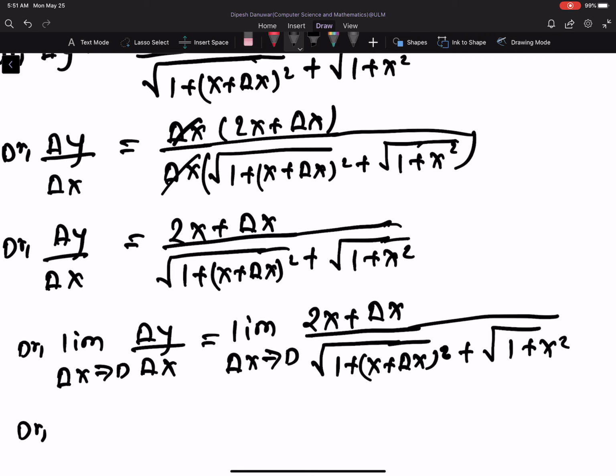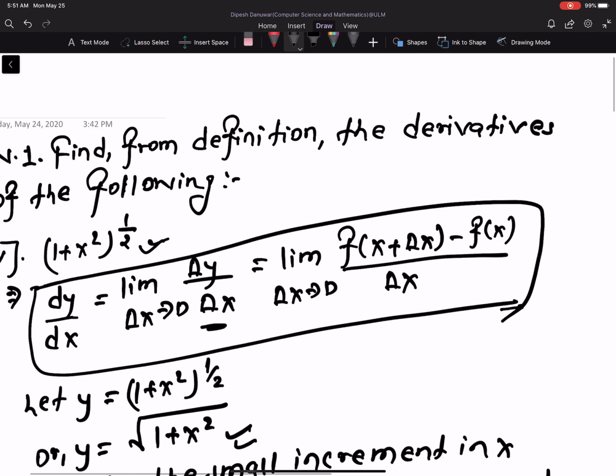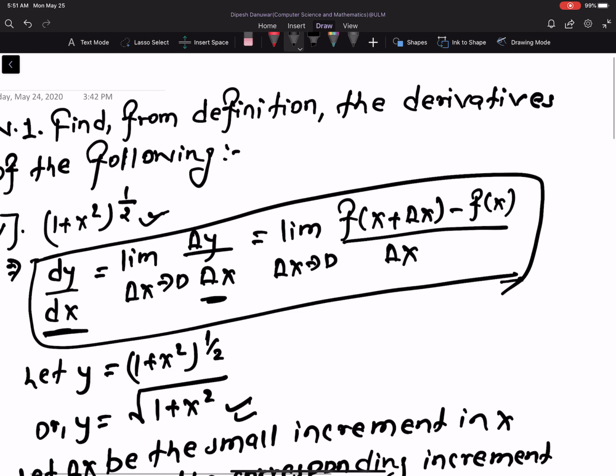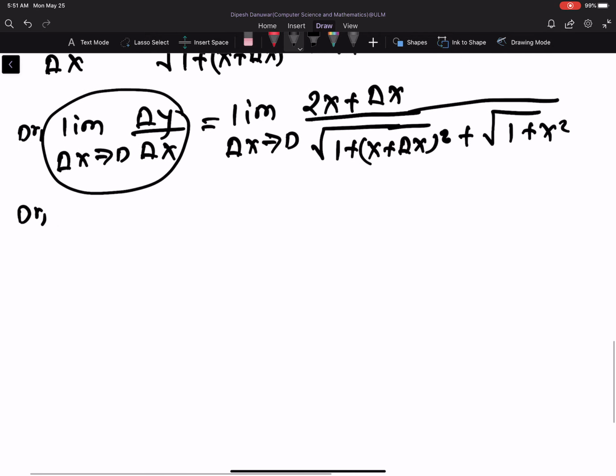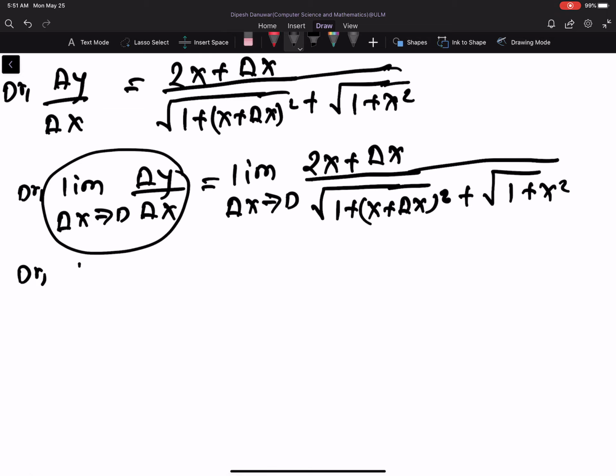So that will be in the form of delta y by delta x, that will be dy by dx.